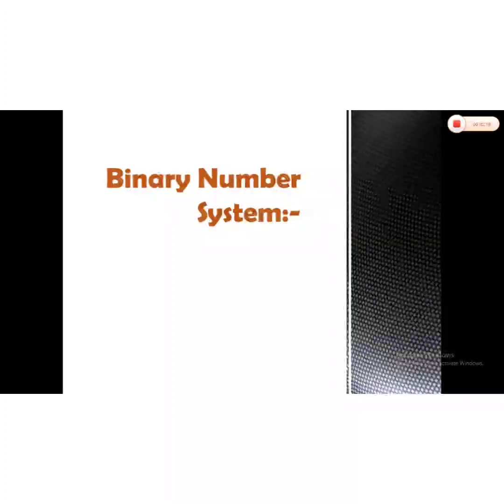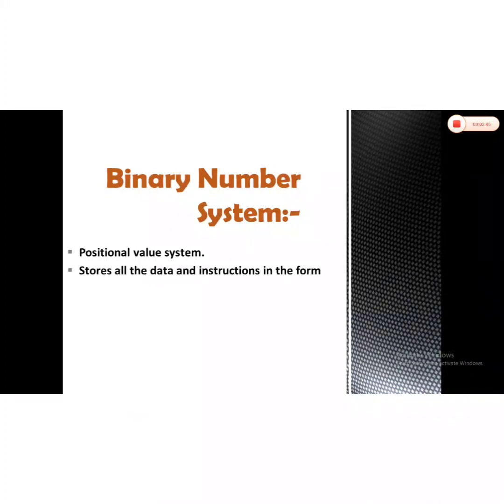The binary number system is one of the number systems presently widely used in all computers and all networking systems, because it is a very easy system and does not create a lot of duplicate files, etc. It is also a positional value system, as I already told about the decimal number system, and it stores all the data and instructions in the form of 0 and 1.